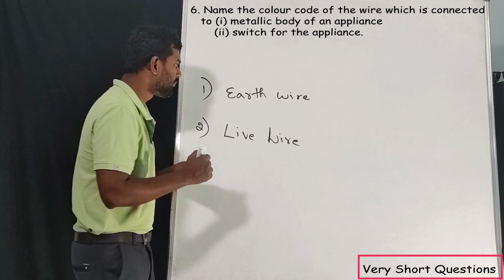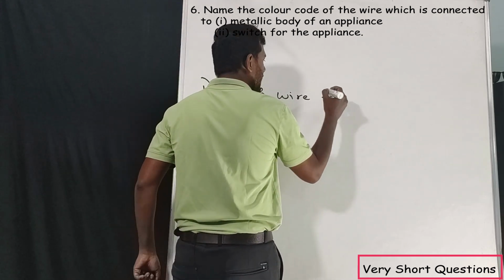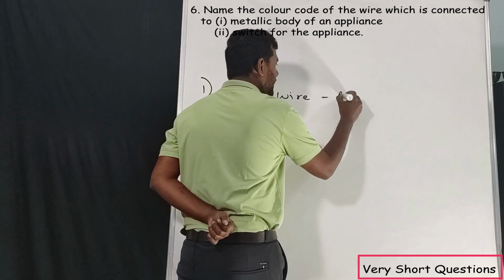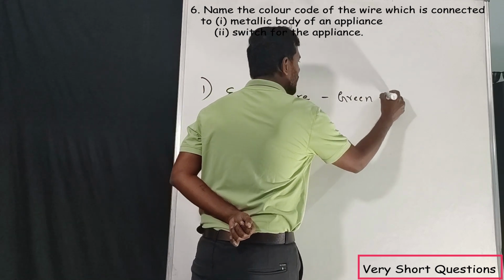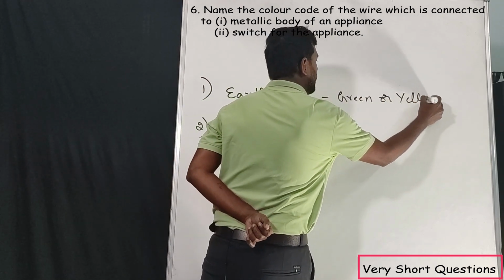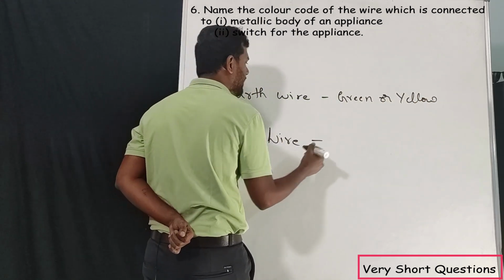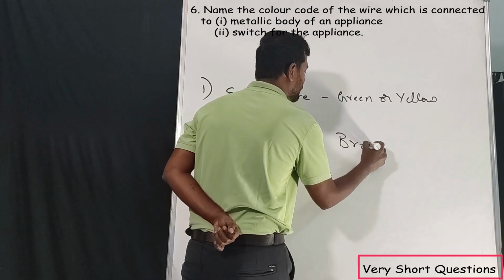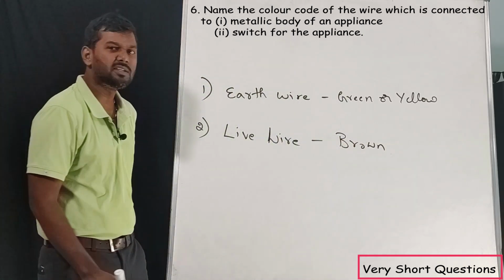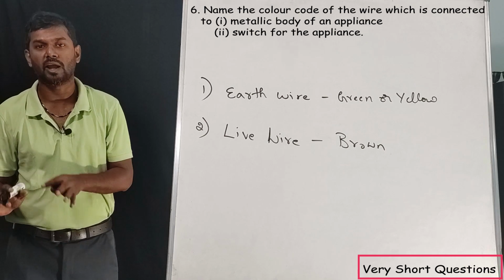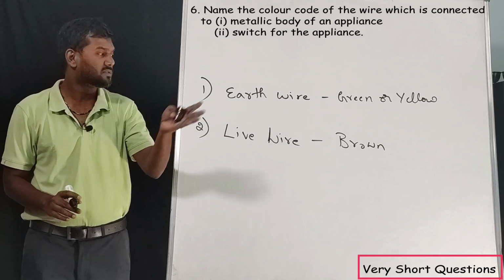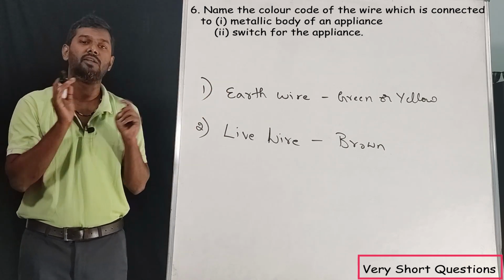For earth, we have already learned it should be green or yellow, and live wire it should be brown. These are the new colors which we are following right now. In earlier days the colors were completely different.